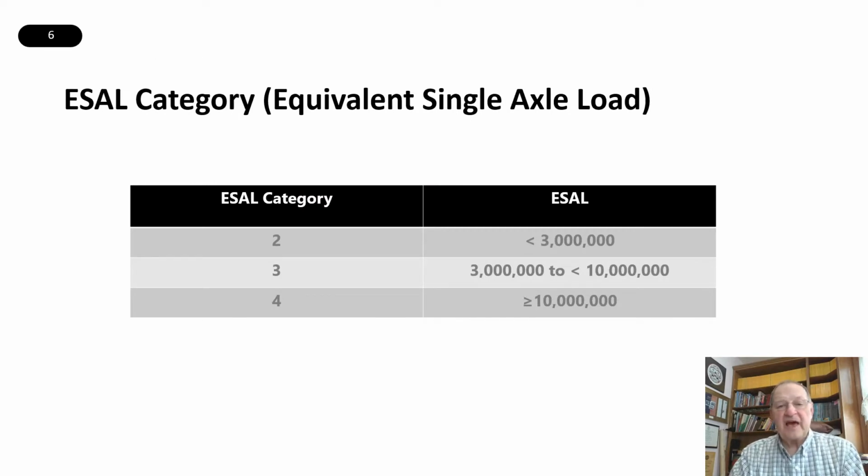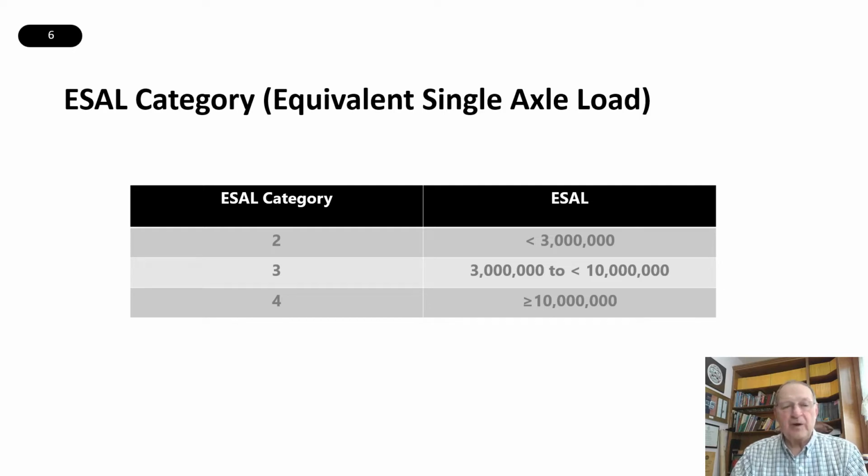So the ESAL categories are 2, 3, and 4, with 2 being less than 3 million ESALs, as I mentioned earlier, low volume. 3 being sort of a middle of the road, 3 million to 10 million ESAL, and 4 being anything greater than 10 million.